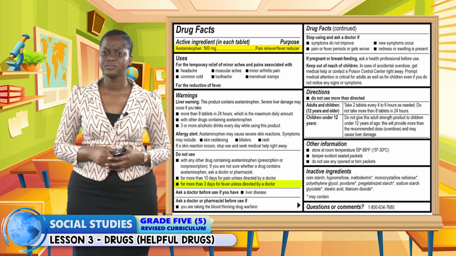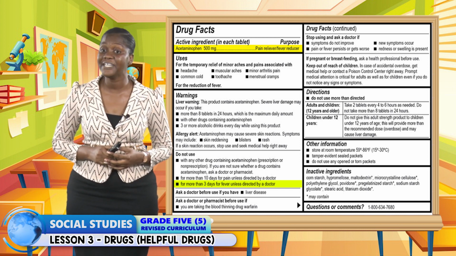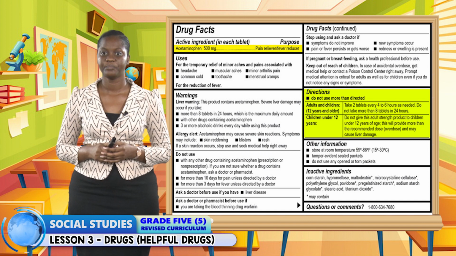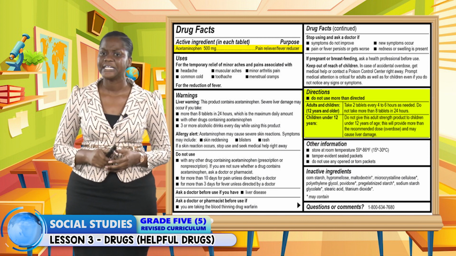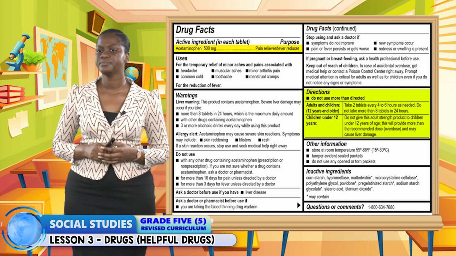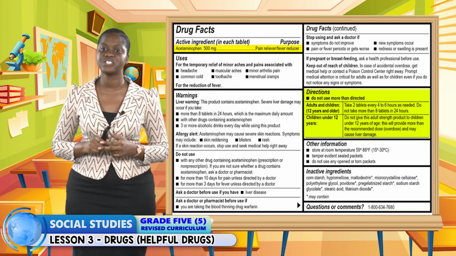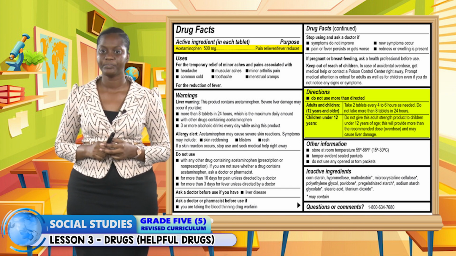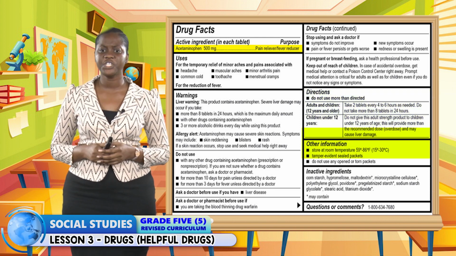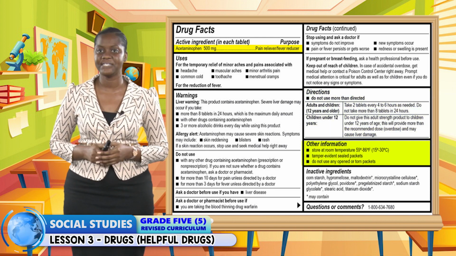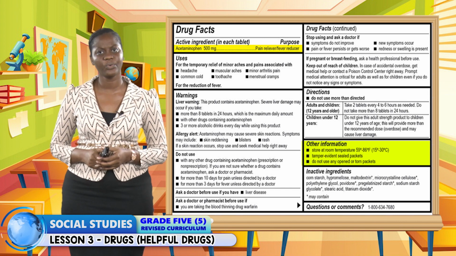Let's look again. The label even has directions. It says that adults and children should take 2 tablets every 4 to 6 hours as needed. There's other information as to how this medicine should be stored.